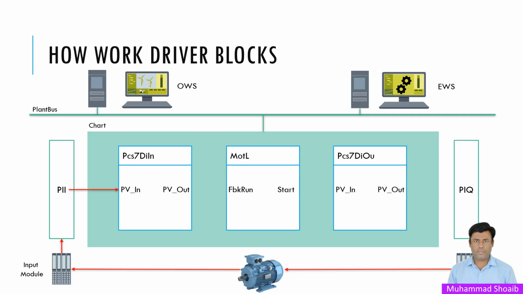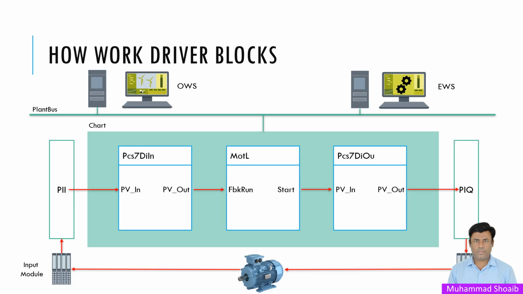The output driver writes the control signal into the process image of the output, like PIQ, situated on the CPU. The control signals are transferred to the output module. The output module converts them to the proper electrical signals.